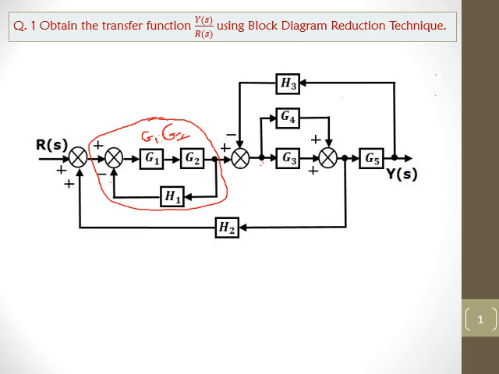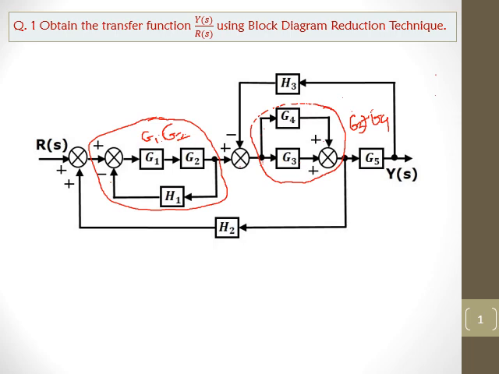Because these two paths are nothing but forward paths. They are starting from input to output. So we can reduce this parallel path also. Two paths are positive, so we can replace these two with G3 plus G4, because positive parallel paths are there.